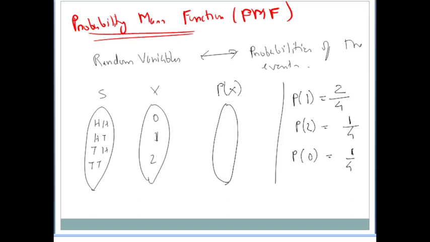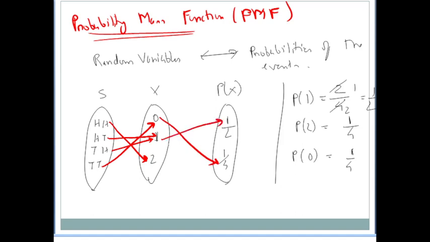So the probability of 0 head is 1 by 4, the probability of 1 head is 1 by 2, and the probability of 2 head is again 1 by 4.